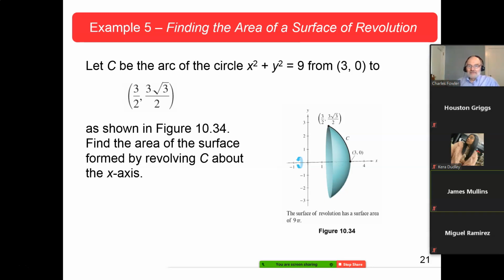Okay, I'm a little skeptical here, so let's just check and make sure this point is on that circle. So x squared would be 9 fourths, because that's your x, right? Square that, you get 9 over 4, plus the y squared, which would be 9 over 4 times 3, that would be 27 over 4.